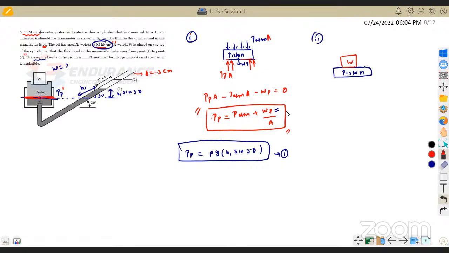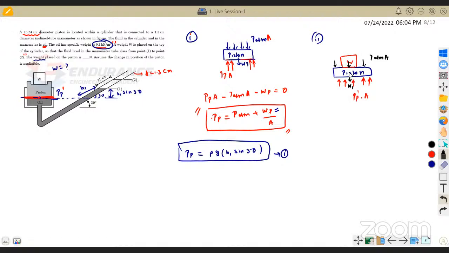The force due to this pressure is PP dash into A. Acting against it are the atmosphere, PATM into A, the new weight of the block, and also the weight of the piston.